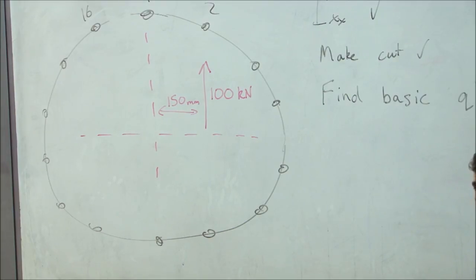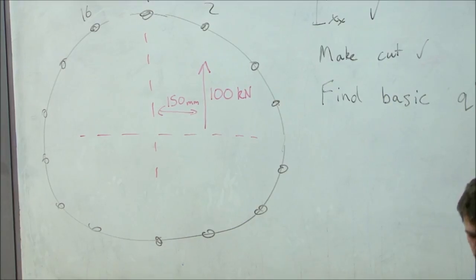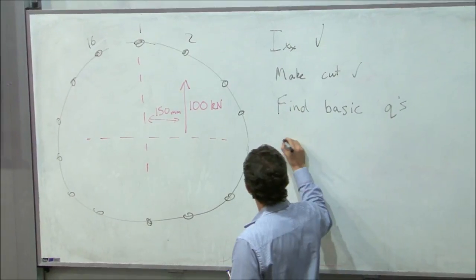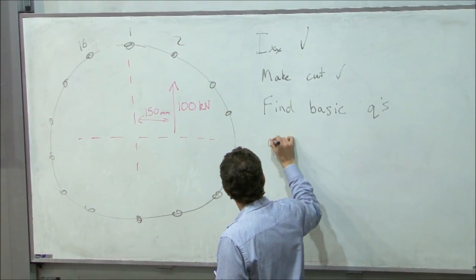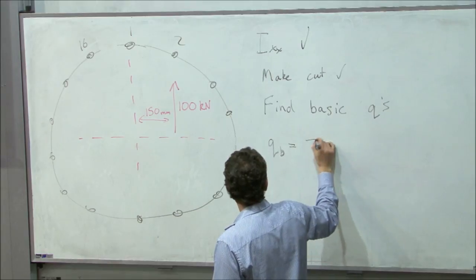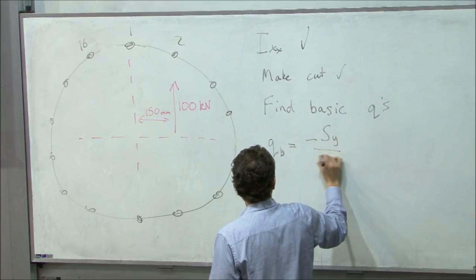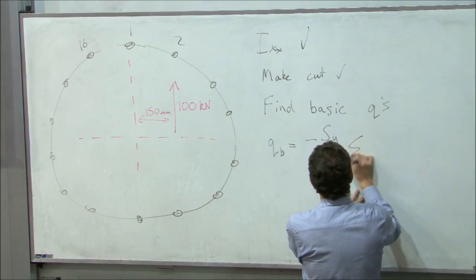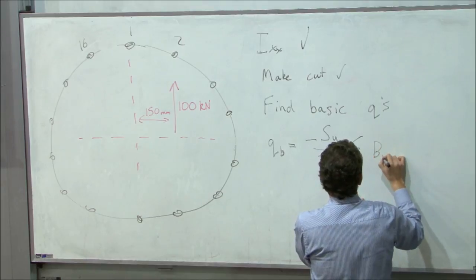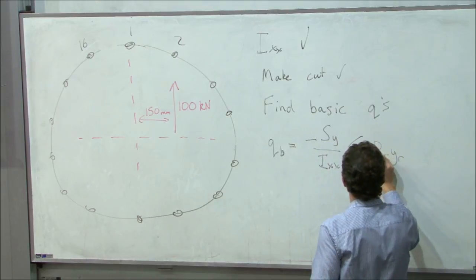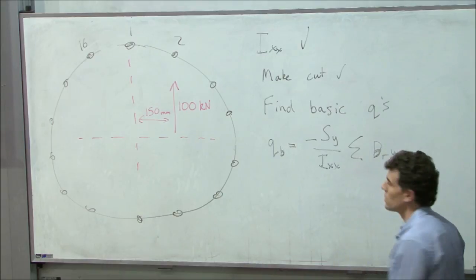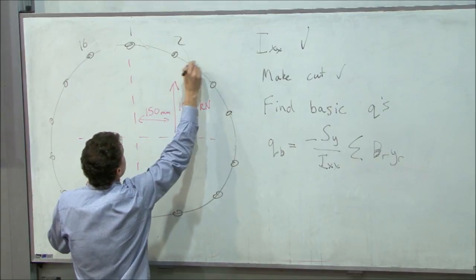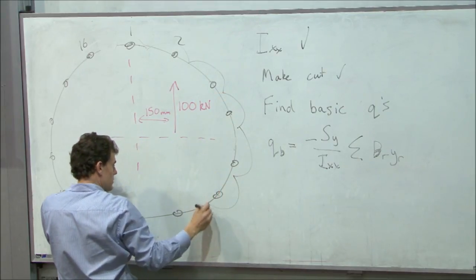So, the procedure for doing that is the one that we introduced midway through the lecture. QB equals minus the externally applied shear force over the second moment of area times the sum of BR, YR, where each one of these sum terms is as we step around the section.